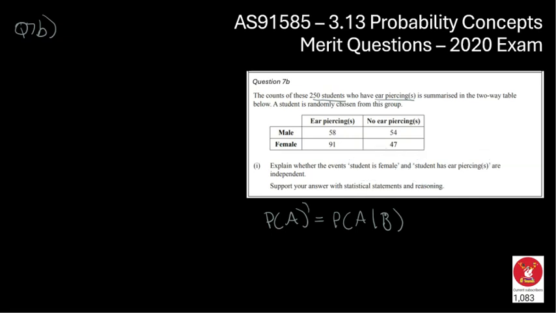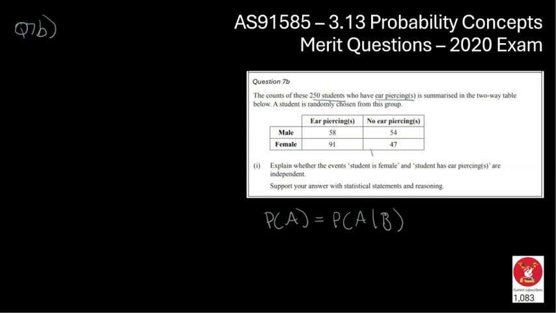This is basically saying the probability of A will be the same as the probability of A given B, so B should not impact A, which means it should just be the probability of A in the first place. You should remember this formula off by heart and know exactly how to do this type of question. So let's get into it.